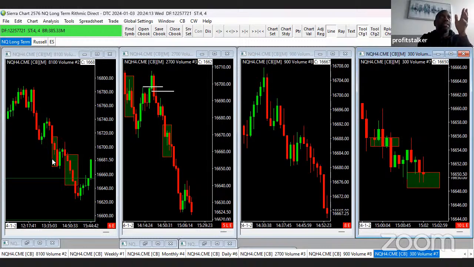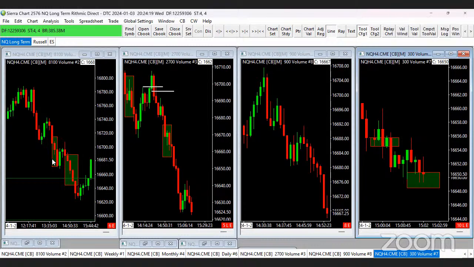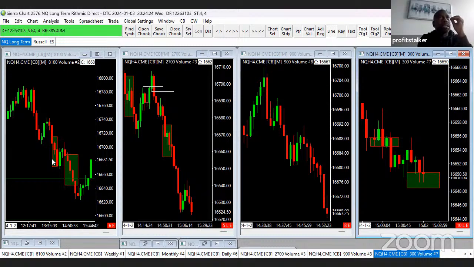Price does not trade in time, it trades in volume. Price and volume are the two most important things you can look at on any trading chart, because it'll tell you everything you want to know.